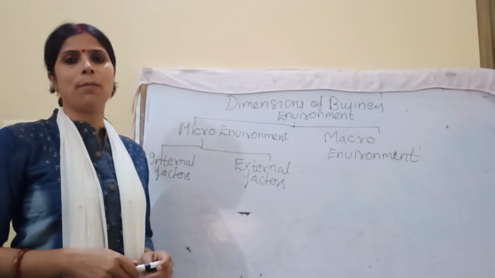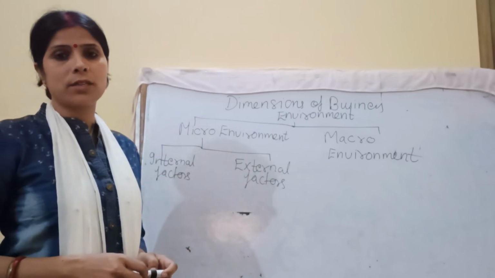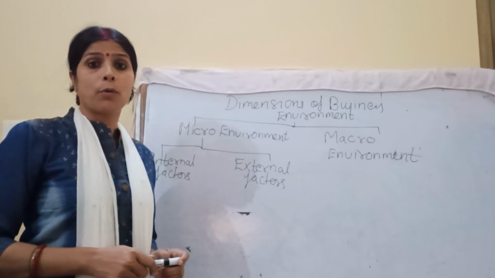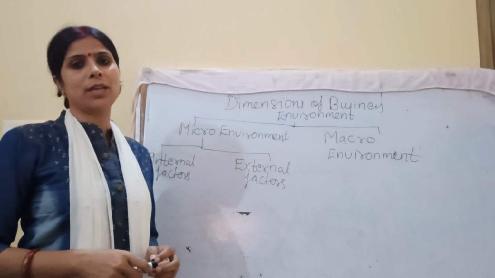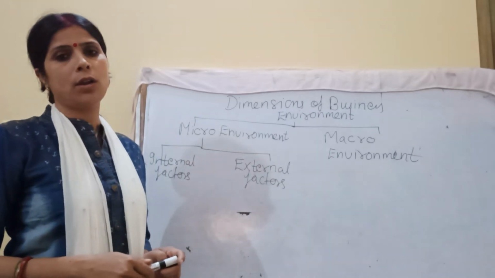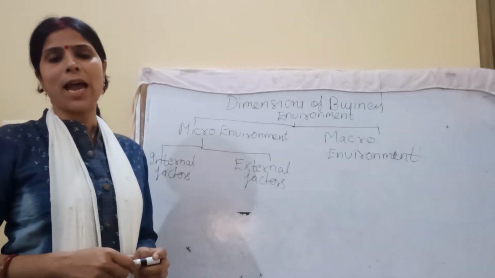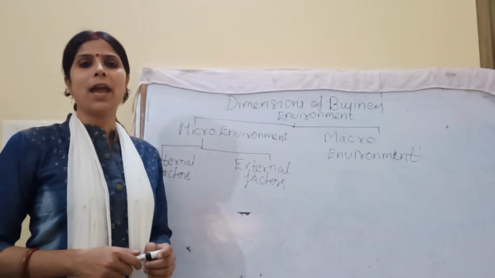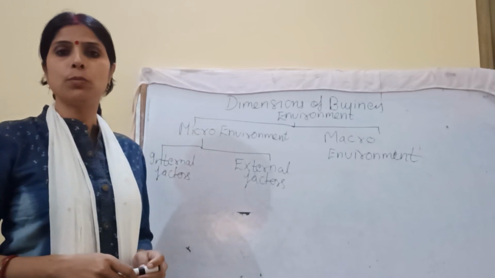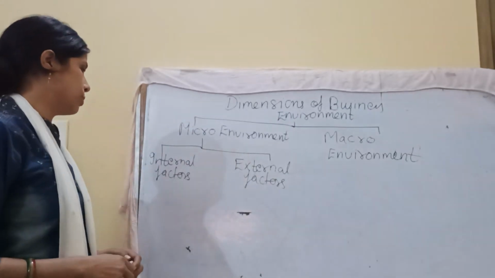Then we discussed the composition of the board of directors, then the power structure of the board of directors, then the image of the company and brand equity, and the last point was human resources and other resources.